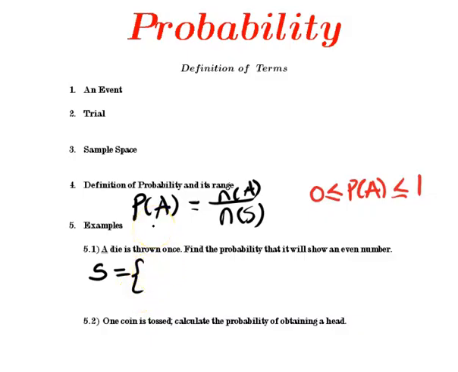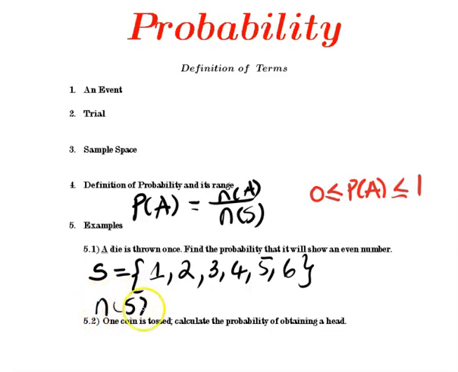A die has 6 faces, so the face showing 1, 2, 3, 4, 5, 6. So how many are there in the sample space? There are 6.